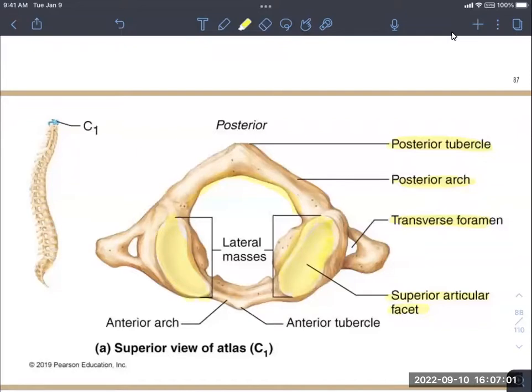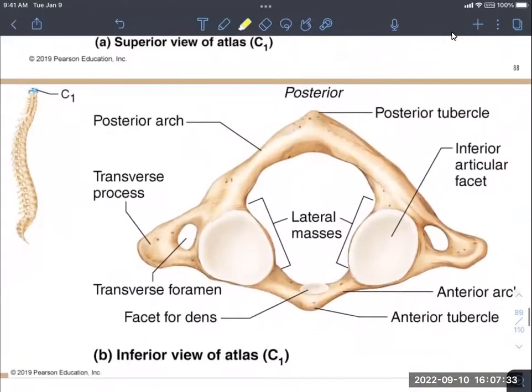This is why somebody told me one day that this is like my atlas holding the world up. We have our anterior tubercle. We have that posterior tubercle. We have the anterior arch, just like we had the posterior arch. These are considered lateral masses instead of having a body.